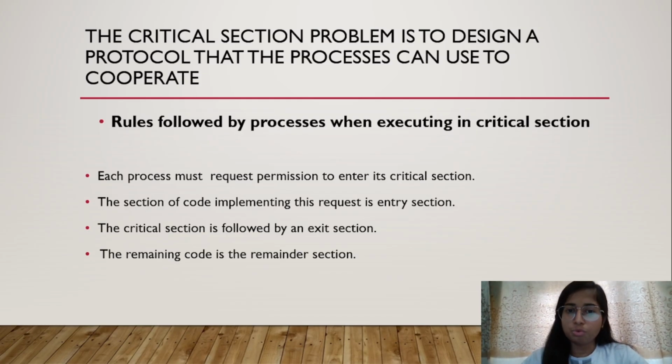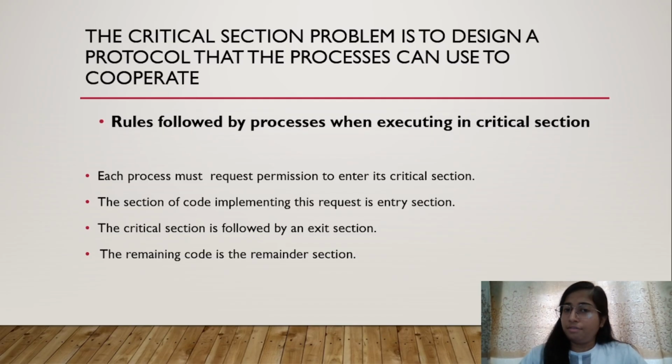There are certain rules which a process should follow when executing in its critical section. First, each process must request permission to enter its critical section. It means whenever a process wants to perform a task, it must request permission from the CPU asking whether it can perform this task.